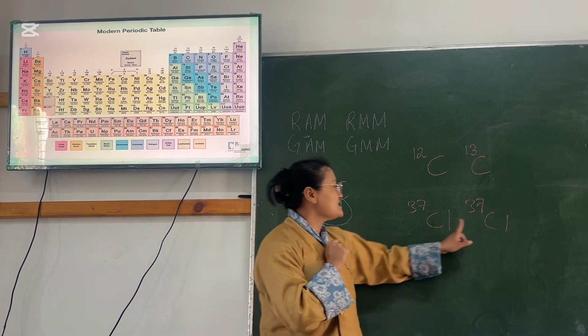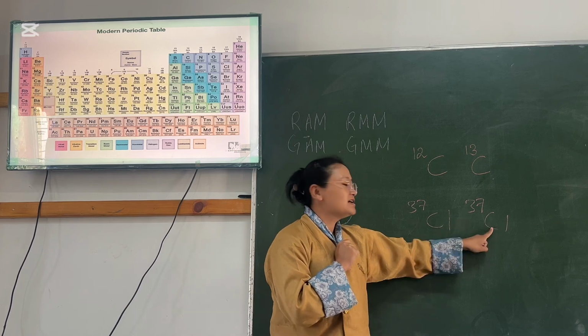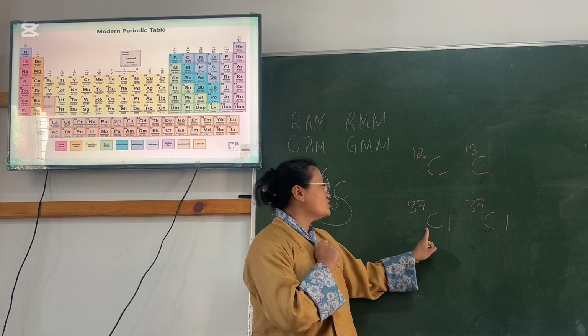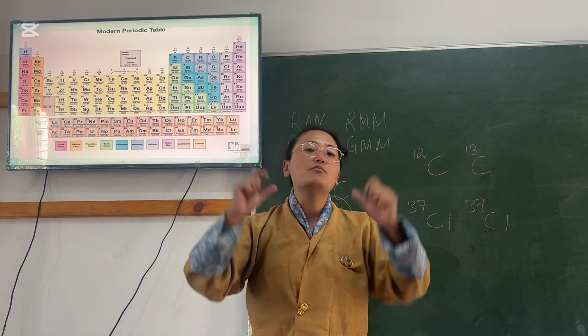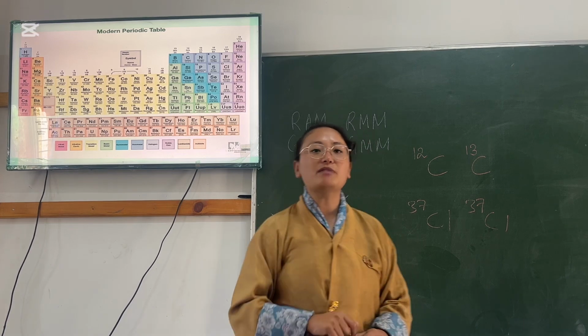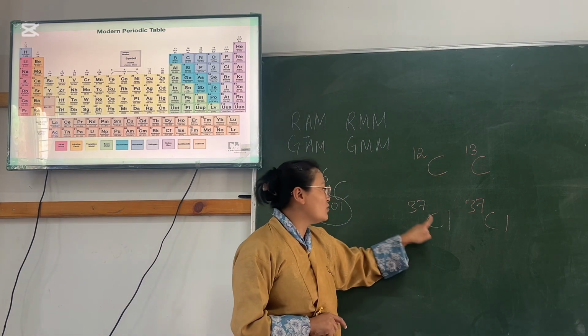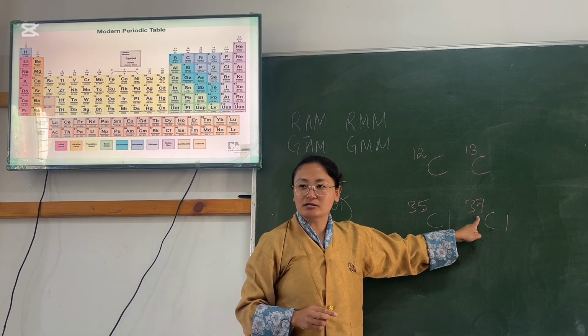So these elements will have the same atomic number, that's why it is chlorine, with atomic number 17. So remember, atoms exist in the form of isotopes. They have different masses. For example, carbon 12, carbon 13, chlorine 35, and chlorine 37.